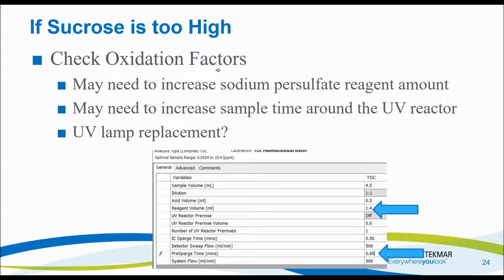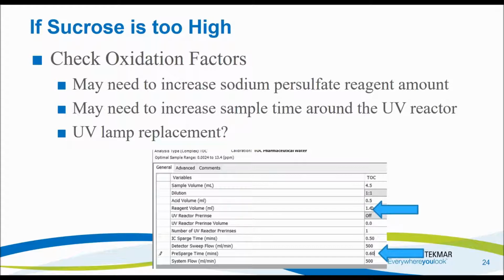Basically, you're going to increase the things that help that 1,4-benzoquinone oxidize. For example, you could increase your sodium persulfate amount. This is part of the reagent volume. The default method had 0.8 mils, so I upped it to 1.4 mils.